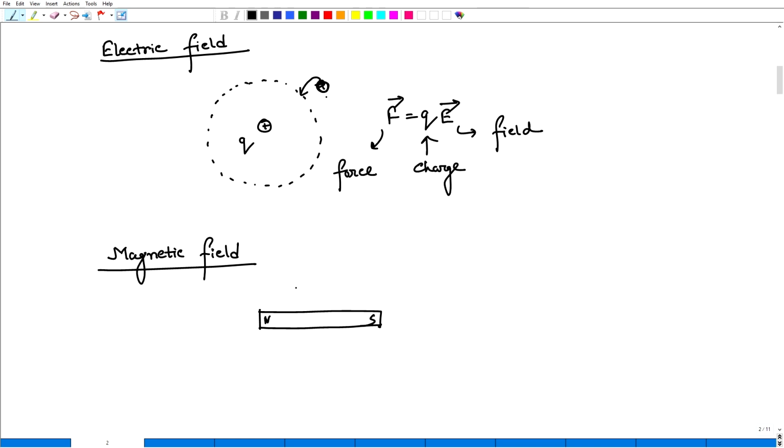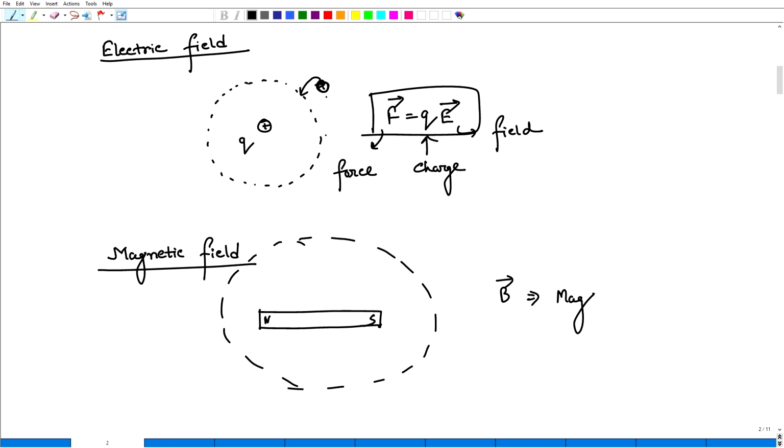Around this magnet there is also a field that works in the same fashion. B denotes the magnetic field. The force due to the magnetic field is not as straightforward as for the electric field, so for that we use the Lorentz force, which we will come to.